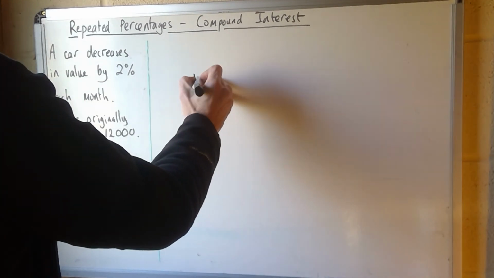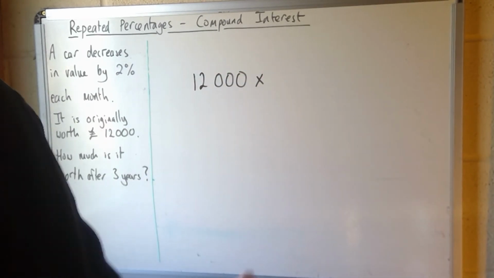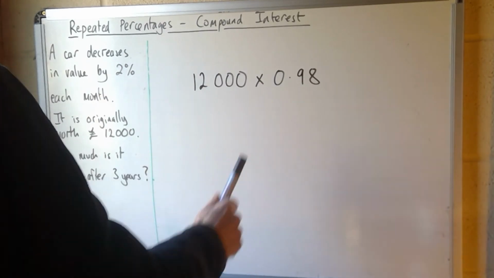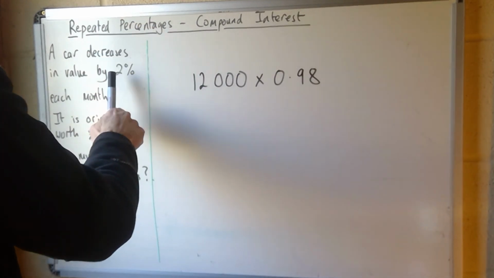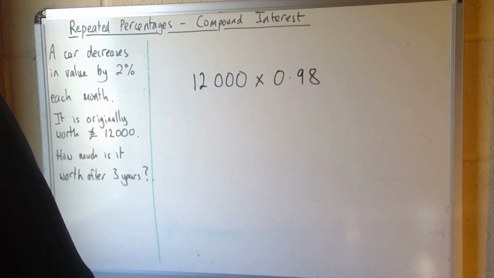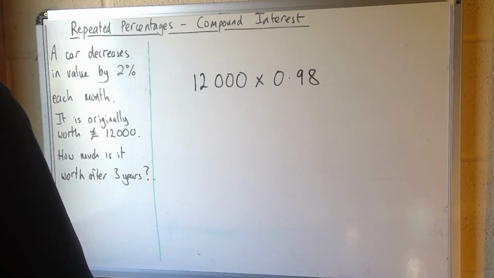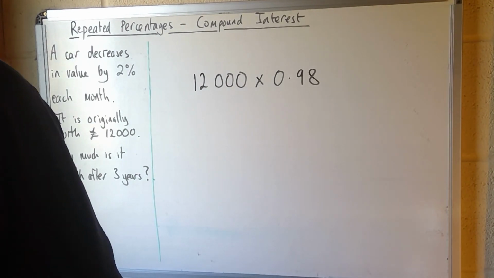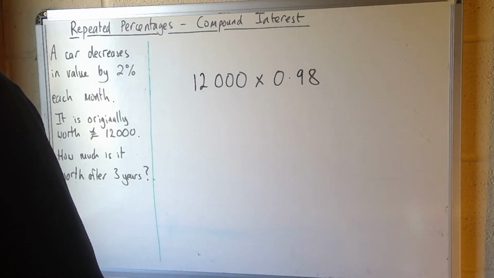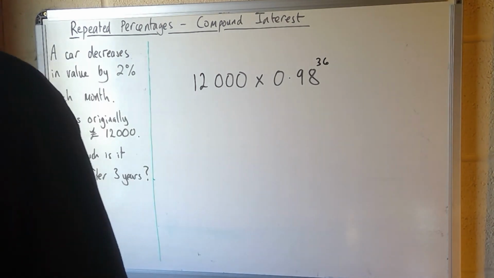So I start with the original price, 12,000, and I multiply it by 0.98. Remember from a previous lesson, if I decrease by 2%, that's like having 98% left. So I'm multiplying it by 0.98, that's 98%. And I'm going to do this 36 times. 3 years is 36 months, so I'm actually going to do it to the power of 36.